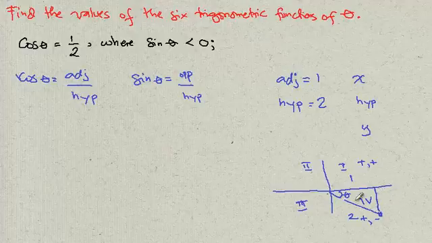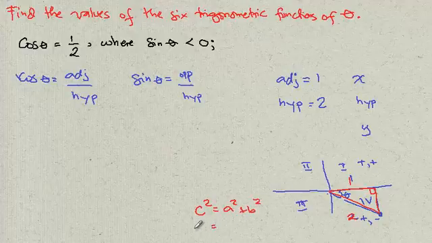Okay, so this is 2, this is 1. And this must be the opposite. How much is it? So, we use the right triangle and the Pythagorean theorem: c squared is equal to a squared plus b squared.